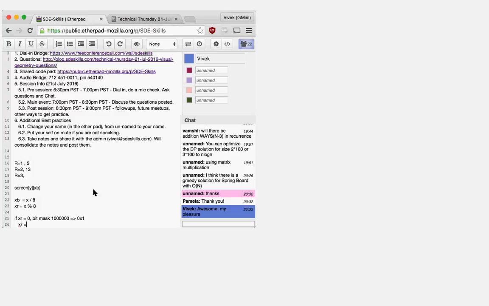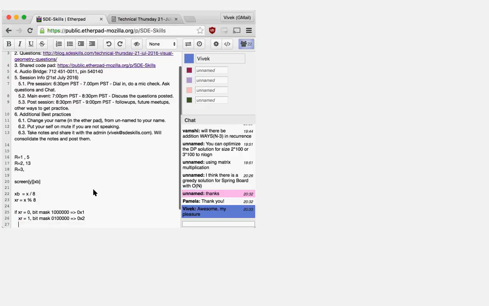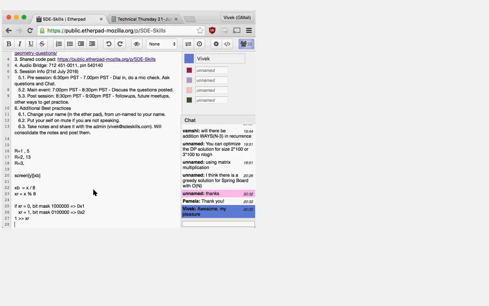If xr equals 1, then the bit mask should be 0, 1, 0, 0, 0, 0, 0, and so on. In this case, it's actually simpler because it's inverted.